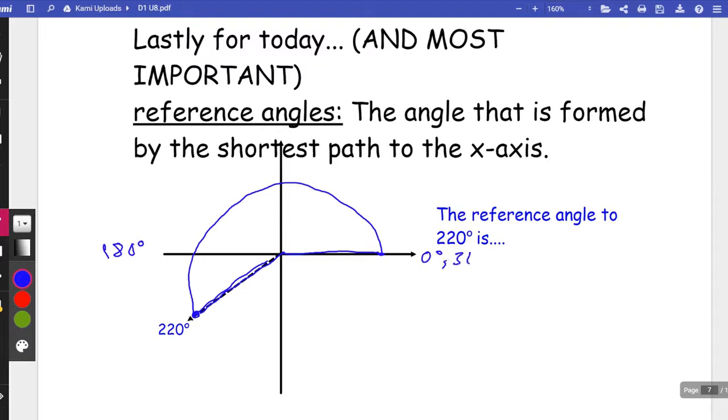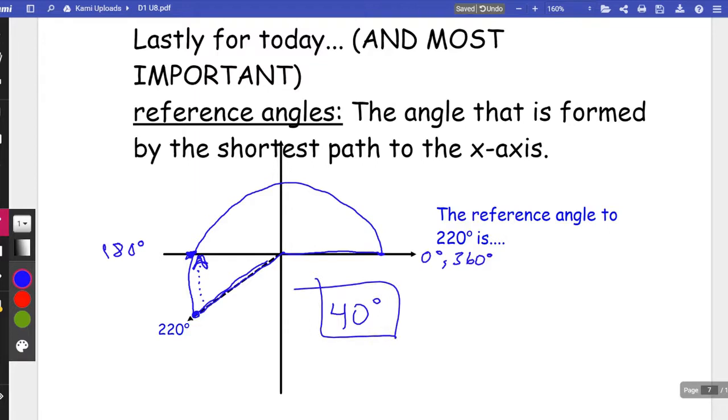This is also 360 technically, but either way, the closest x-axis would be 180, right? That's the degree measurement of the closest x-axis. So all we have to do is figure out how far it is to the closest x-axis. In other words, 220 minus 180. Or really just how far do you have to walk? We would have to walk 40 degrees. That is your reference angle.